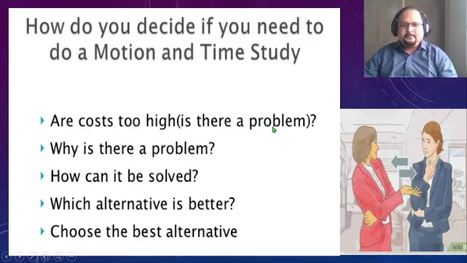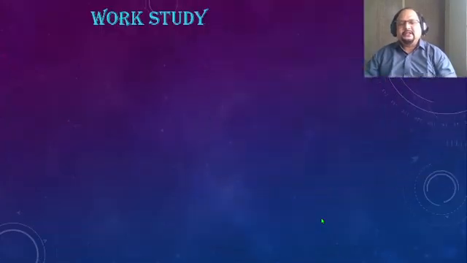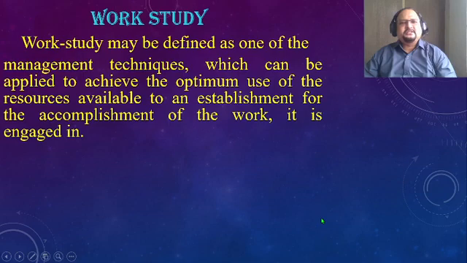Is there a problem? Why is there a problem? How can it be solved? Which alternative is better? Choose the best alternative. So these could be some of the points on which you can decide about the requirement of time and motion study. Now let us come to work study.